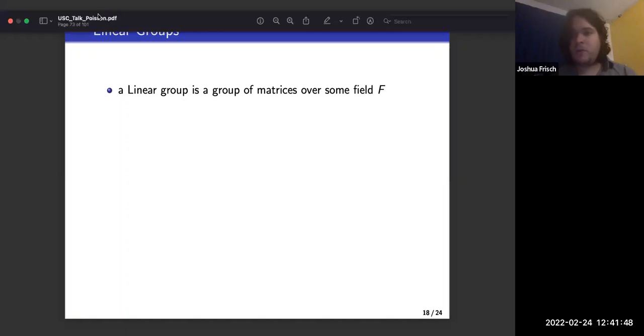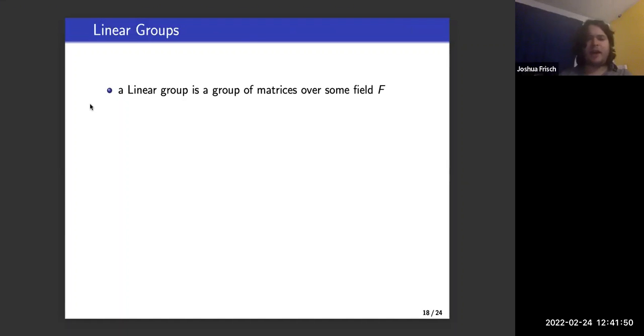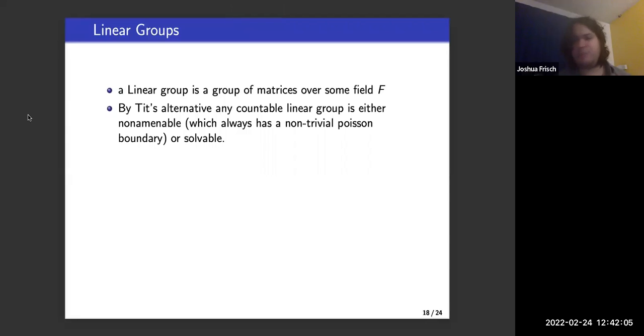With my next bit of time, I'm going to try and talk a little bit about what's going on for linear groups. A linear group is just going to be a group of matrices over some field F. And by Tits' alternative, any countable linear group is either non-amenable, which, as I mentioned earlier, always has a non-trivial Poisson boundary, or solvable.